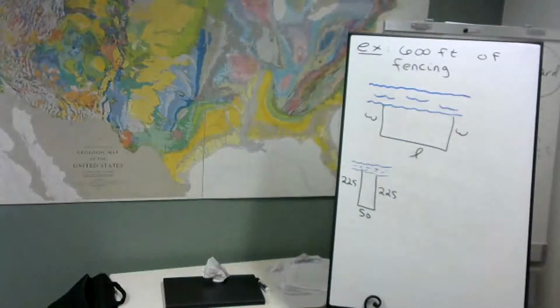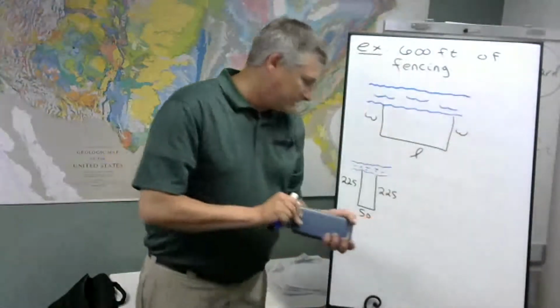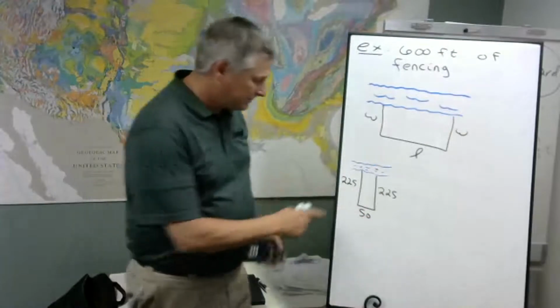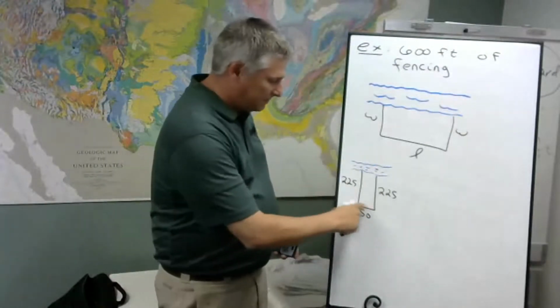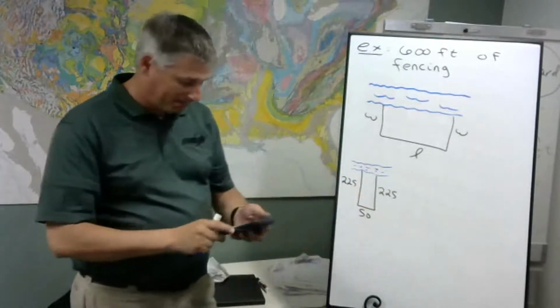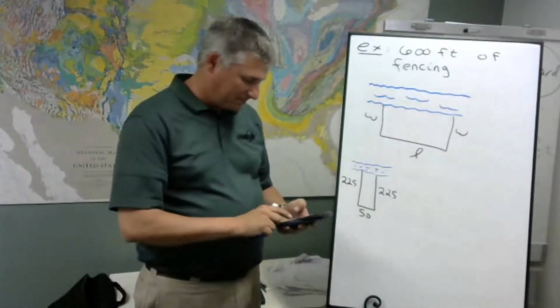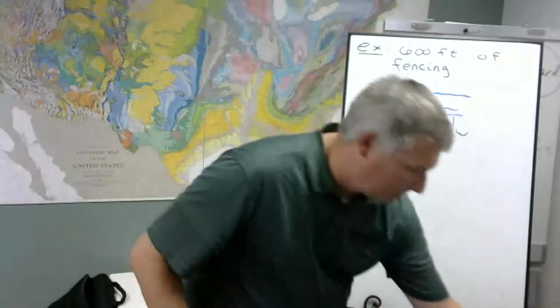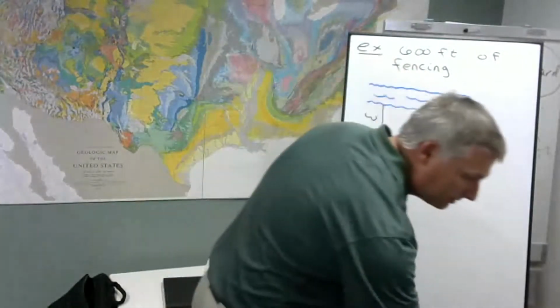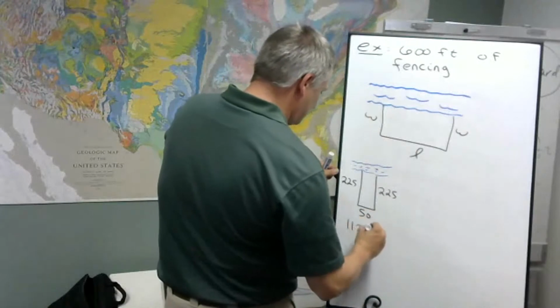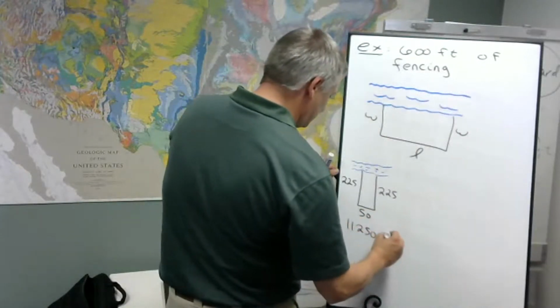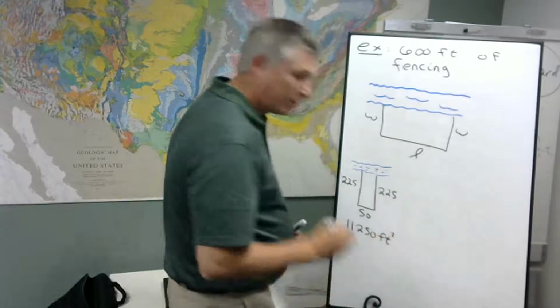What we're going to see is if we compute the area, this dimension times that dimension, this area comes out to be 11,250 square feet.